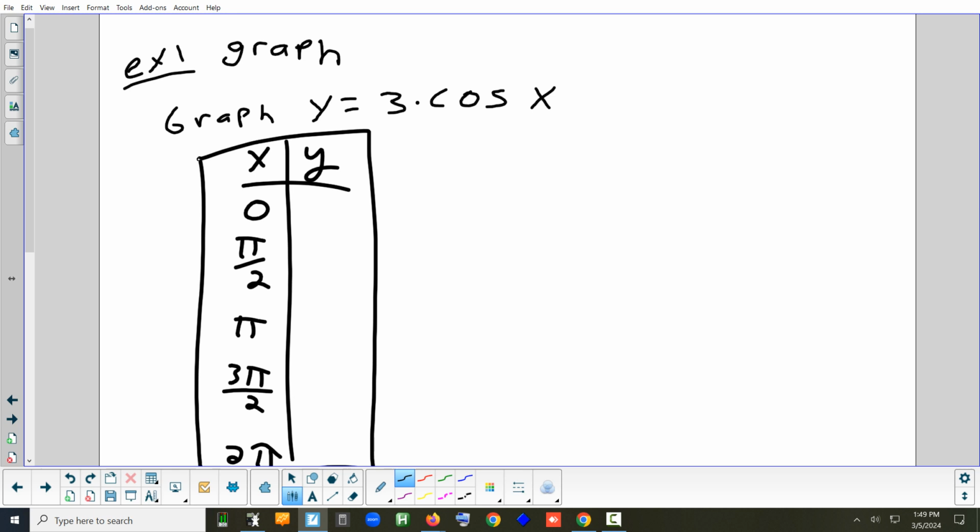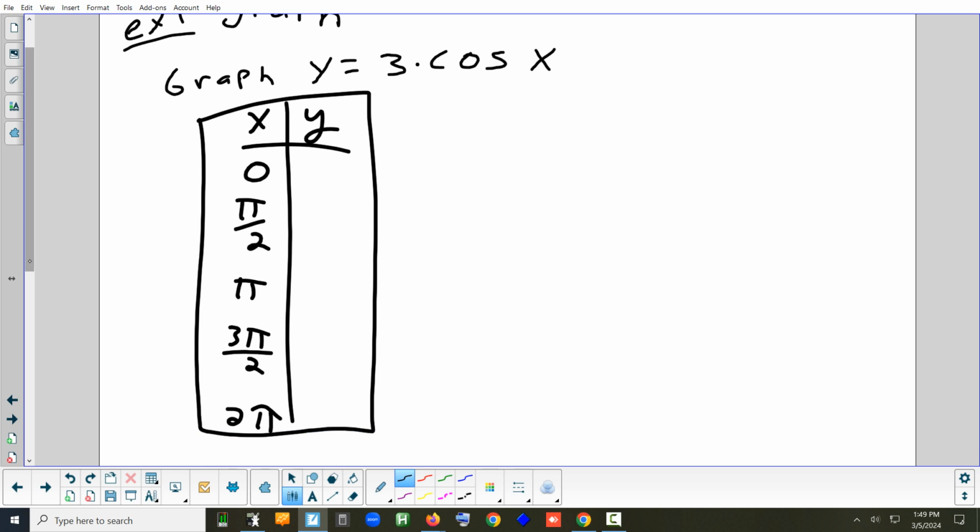Now, off to the side, outside the box, I'm going to put my original y values for cosine, and then I'll modify them to be 3 times as much. What are my original y's for cosine? 1, 0, negative 1, 0, 1. And what are we going to do to all of them?